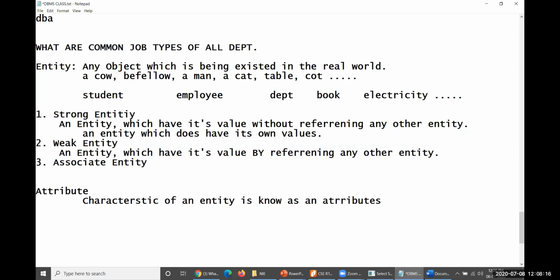One particular entity has many characteristics, not exactly one. So many characteristics.